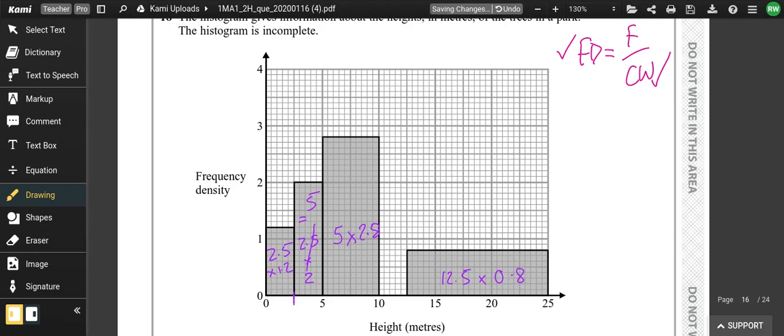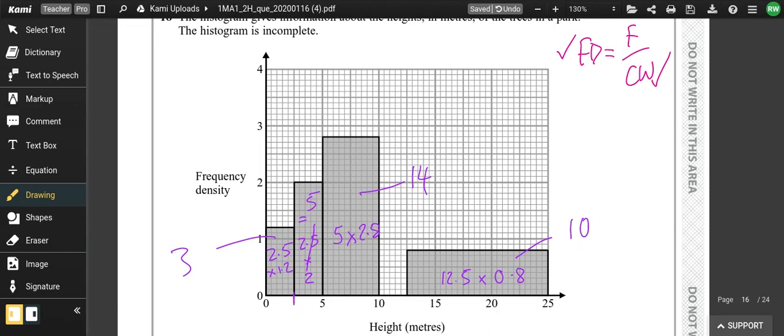Okay, so we can work out the totals of all these. 2.5 times 1.2 is 3. So that one's worth 3. This one is 5 times 2.8, 14. 12.5 times 0.8 is 10.